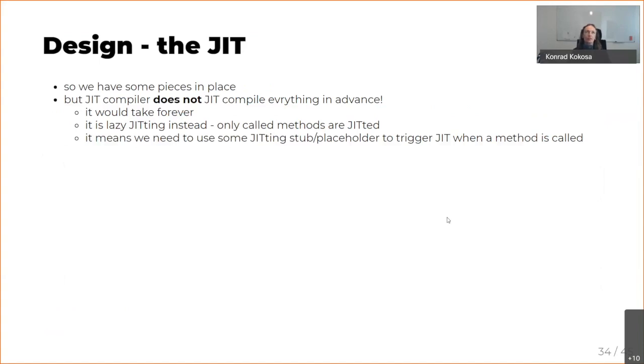Obviously this is what the JIT will be doing. But JIT, as the name states, is the just-in-time compiler, so it does not compile everything in advance. It is not that we are given an assembly and then we compile everything to native code, because we don't know what will be called in the end. Just-in-time means we only compile in a lazy manner.